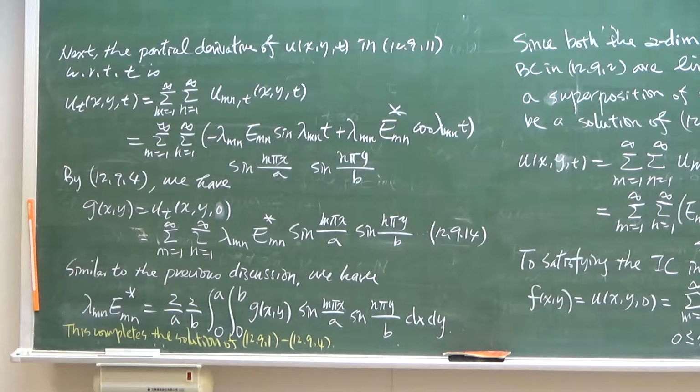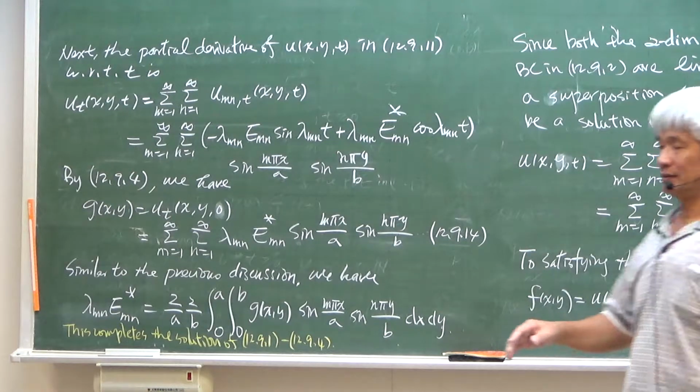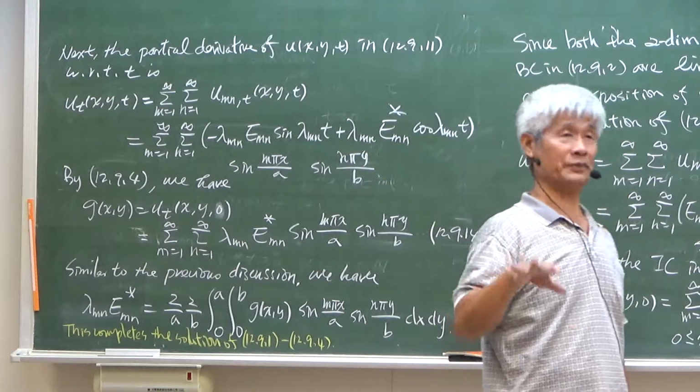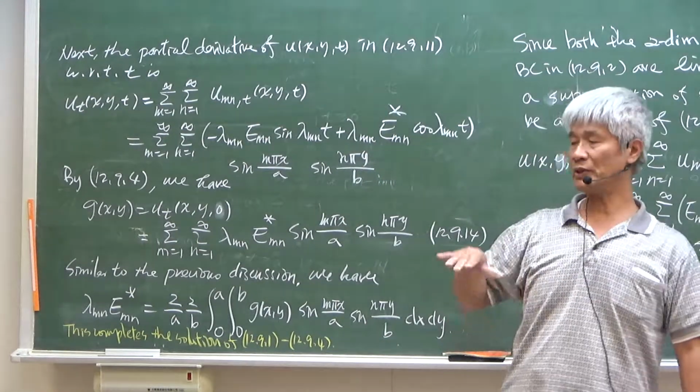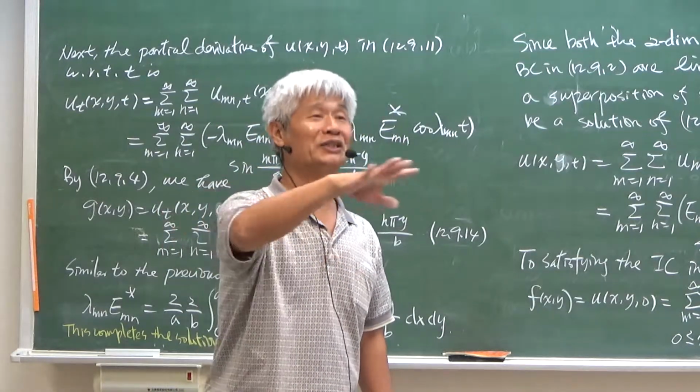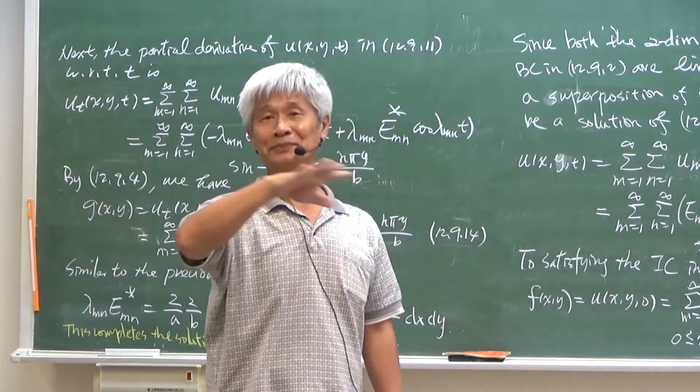Okay, so now we consider the two-dimensional wave equation for the rectangular membrane. But membranes may have different shapes. One very common shape is the circular membrane, like a drum.